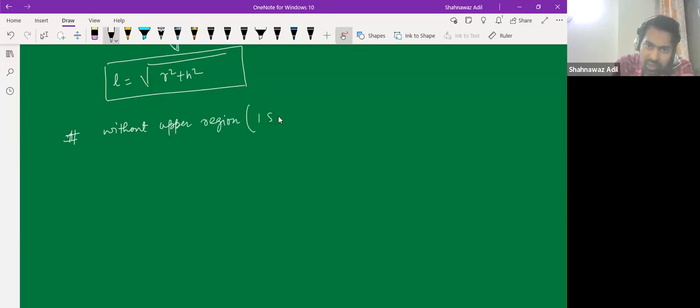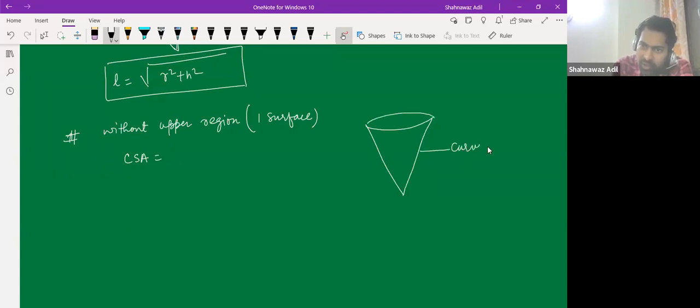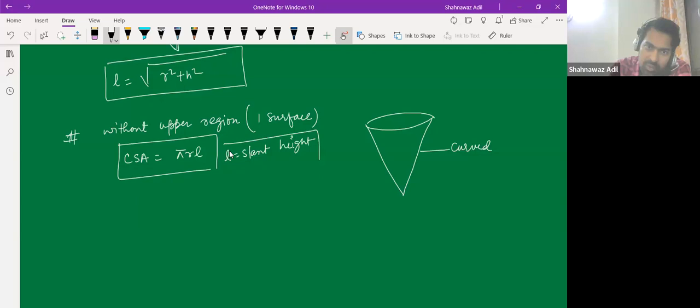It has only one surface, which is only the curved surface. The curved surface area would simply be pi r l, since the top part is not there. And l we know, l is the slant height. So this is all about the areas of the cone.